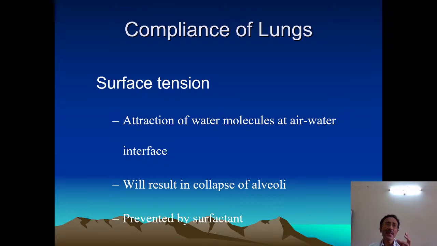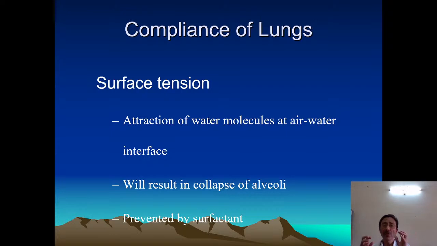The example is keeping the water molecules in a raindrop together. There is a tension at that liquid-air interface, and all the raindrop molecules are held together because of the tension at the surface, and they tend to keep all the water molecules attracted.